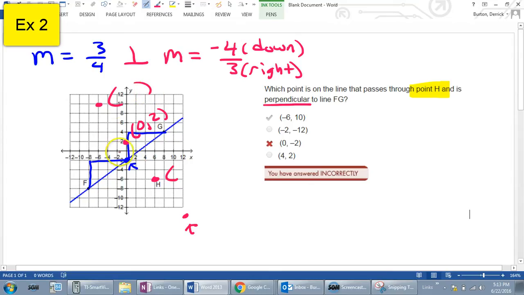This one right here is negative 6, 10. And then I look and see, and negative 6, 10 is on the list. And it's the only one; the other options don't match any of these four. Okay, and that's it. Does that make sense? Makes sense.